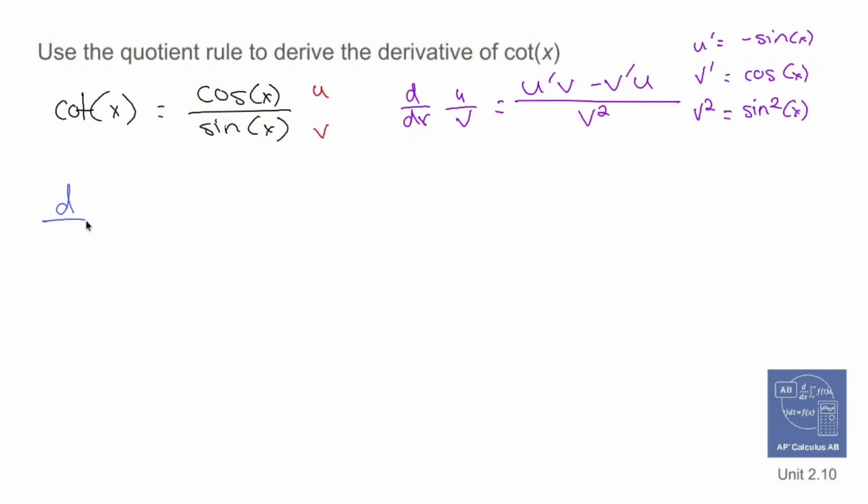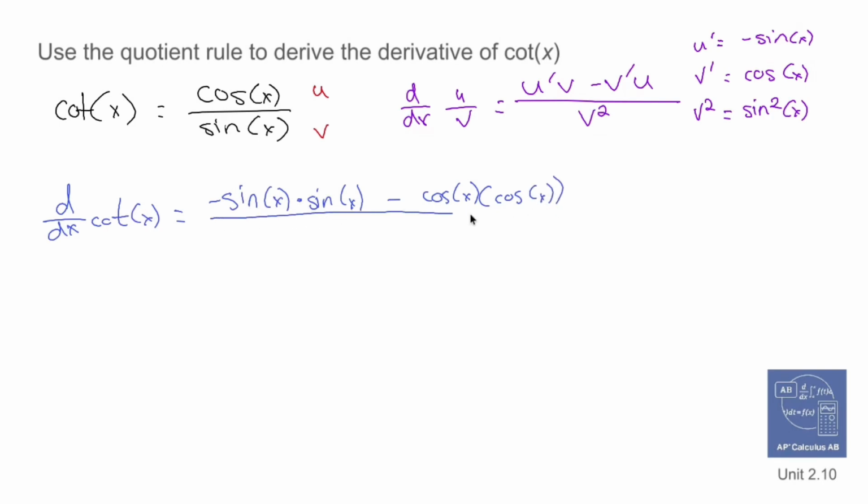The derivative of cotangent x is going to be u prime v, so negative sine x times v, which is regular sine x, minus v prime u, so minus cosine x times u, which is cosine, all over v squared, which is sine squared x, like so.